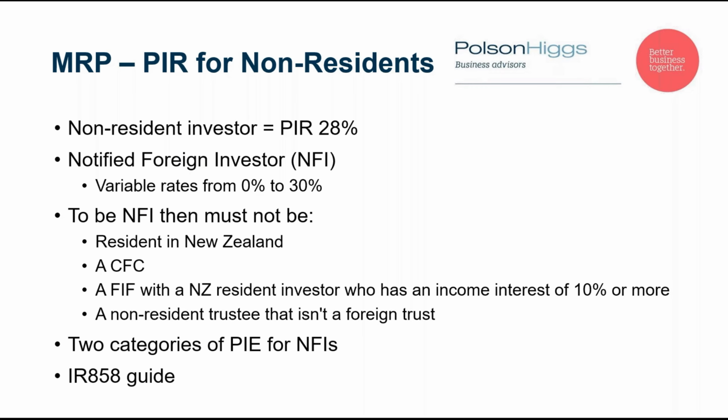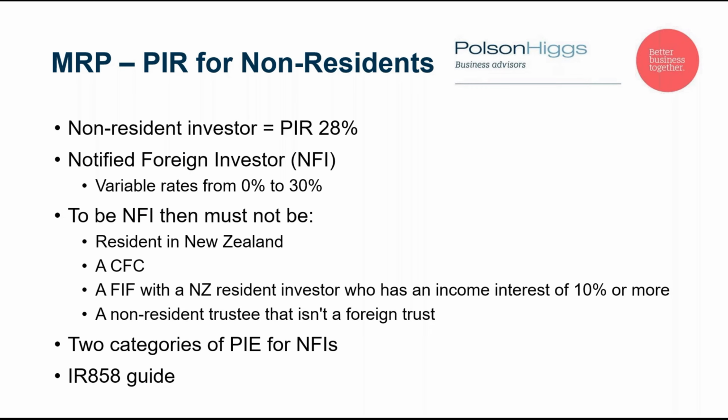So to become a notified foreign investor, there is various information that needs to be provided. Additionally, an NFI must not be a New Zealand resident, a controlled foreign company, a FIF with a New Zealand resident investor who has an income interest of 10% or more, or a non-resident trustee that isn't a foreign trust.